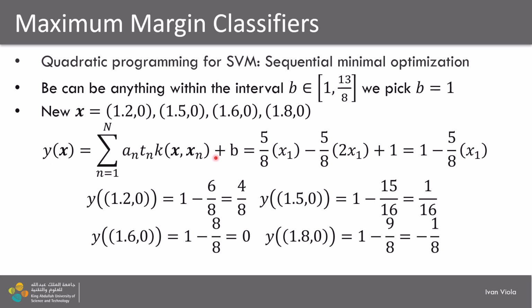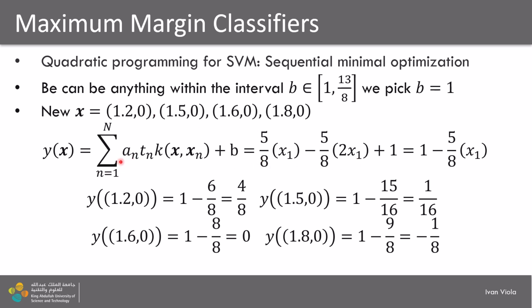So we have here our formula for the classifier y of x. If it is positive, then we are in one class. If it is negative, we are in the other class. We have already expressed the b, so we can define the formula for all of these points.